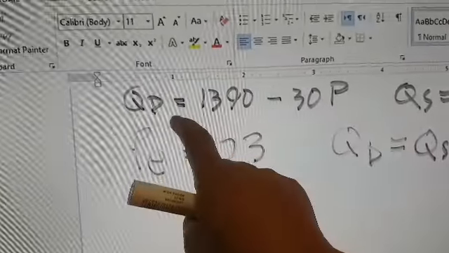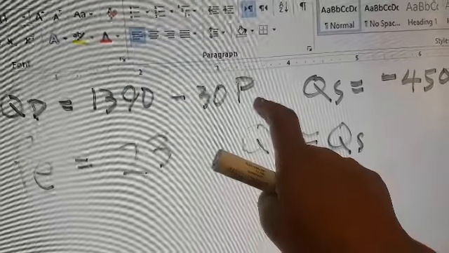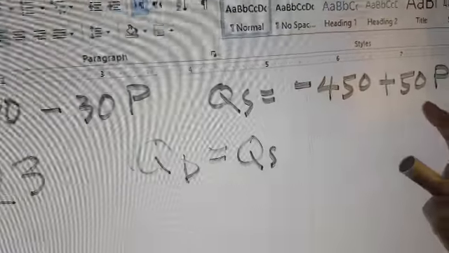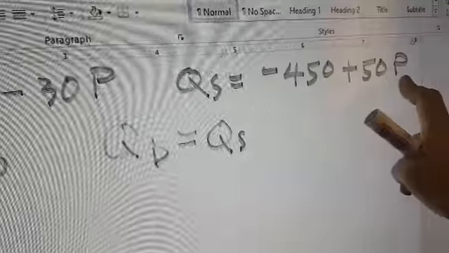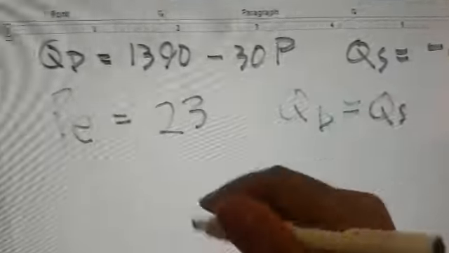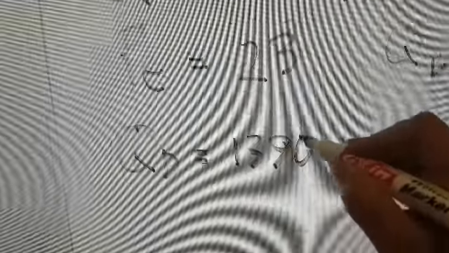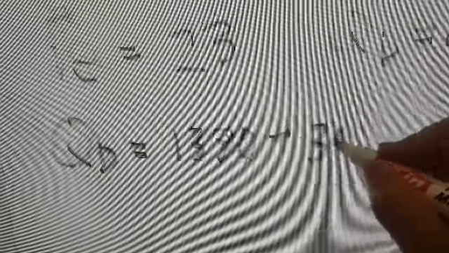So you can get either the QD equation and substitute 23, or you can do the QS and substitute 23 for P on that side, okay? So, well, I just use QD because this is nearer to me anyway. They will have the same answer, and I'm going to show you later. 1390 minus 30, we have to substitute 23 here.